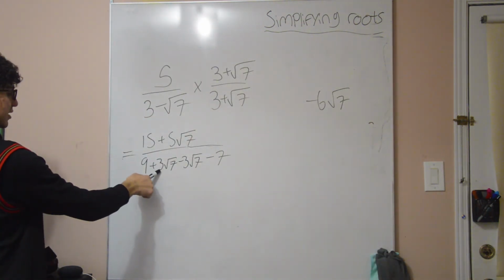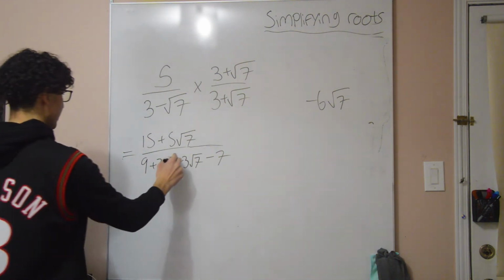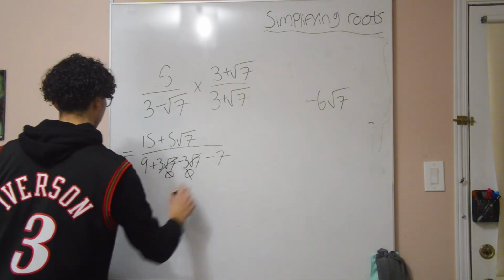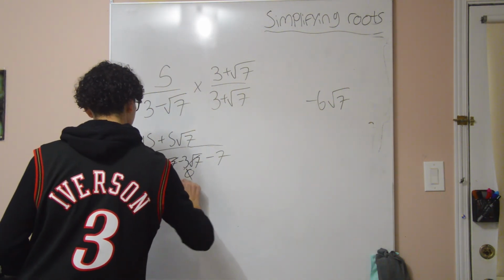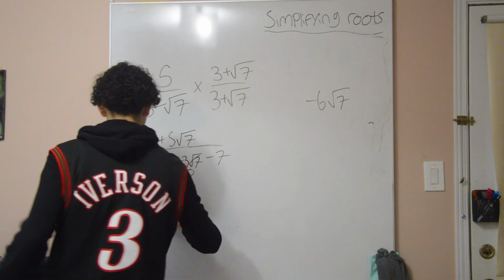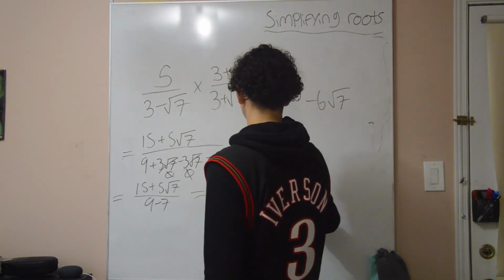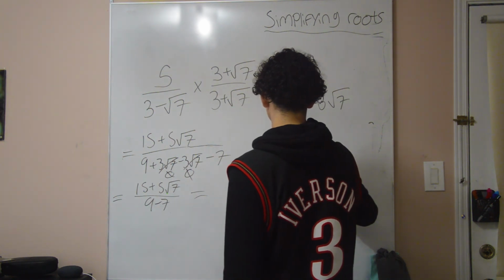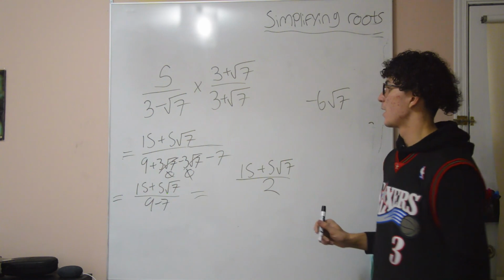And you'll notice that positive 3 times root 7 minus 3 times root 7, it's the same term. These simply zero out. And we get 15 plus 5 root 7 over 9 minus 7, which can be reduced to 15 plus 5 root 7 divided by 2, just like that.